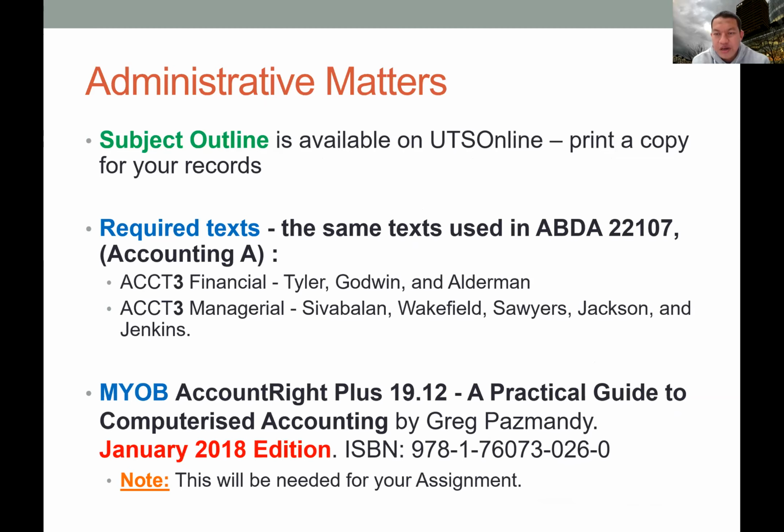You can also print out the subject outline. The textbook, we basically use the same textbook that we use in Accounting A. We use the orange textbook in financial accounting topics, and we use the blue textbook for management accounting topics.